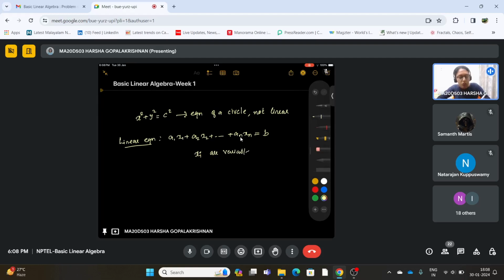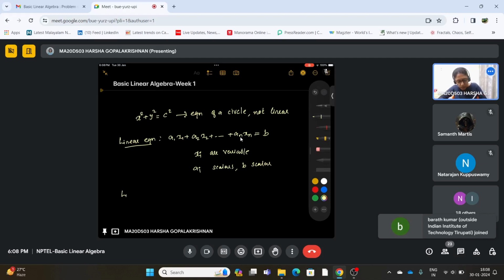To find a solution of this equation, what we are doing is finding the values x1, x2, up to xn which satisfy the given equation. And here the ai values are scalars. That will be some given values like 2, 3, 1 by 5, like that. And b is also a scalar. So this is basically a linear equation.